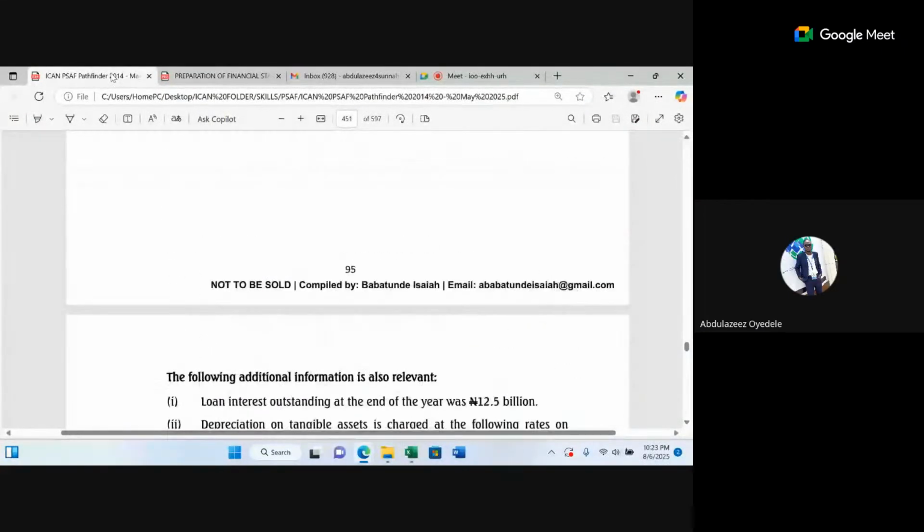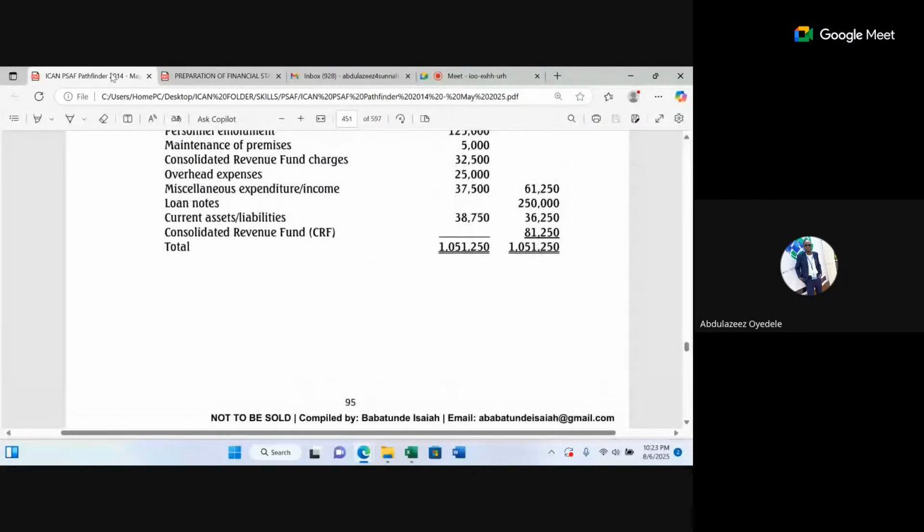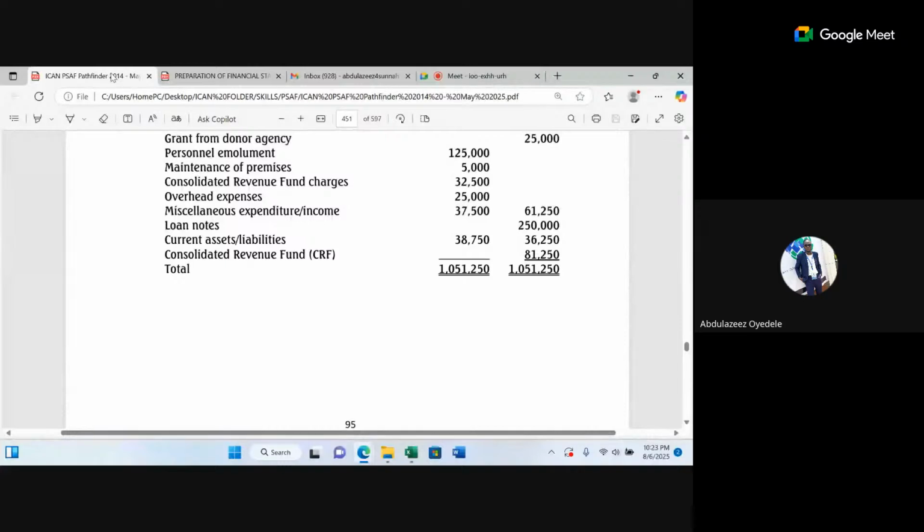Now, this consolidated revenue fund is not a revenue item. It is a fund balance, a balance in their CRF account. It's like an equity balance, so to say, like your capital in a business.